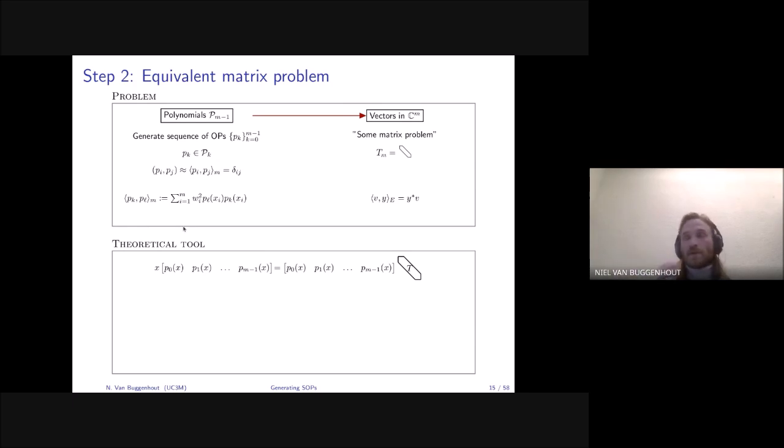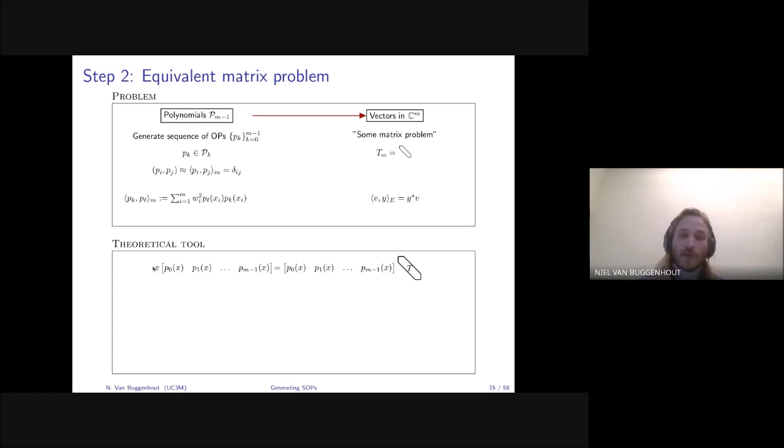So this means that once I have m orthogonal polynomials, the next one will vanish for all these inner products. If we plug a polynomial of degree m into our inner product, then it will vanish for everything.